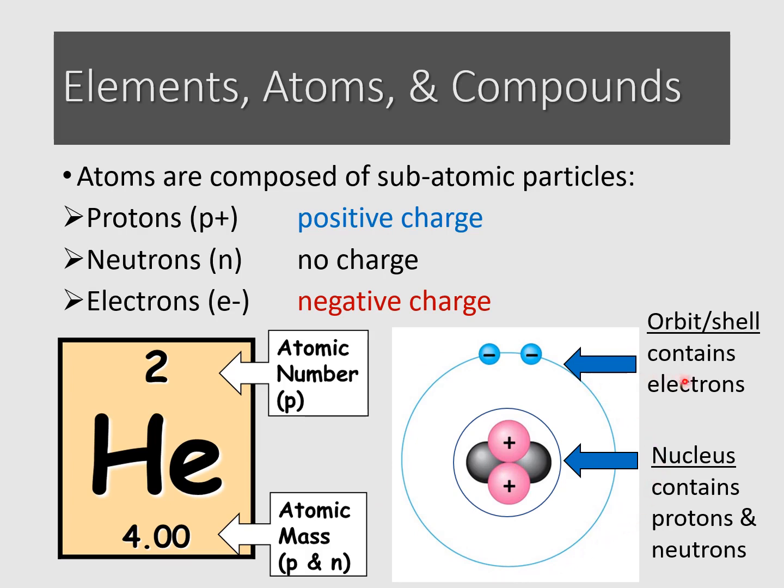We're always going to have the same number of electrons as protons so that we even out our positive and negative charges. So if we have 2 protons, which is our atomic number, we're going to have 2 electrons in that outer shell.